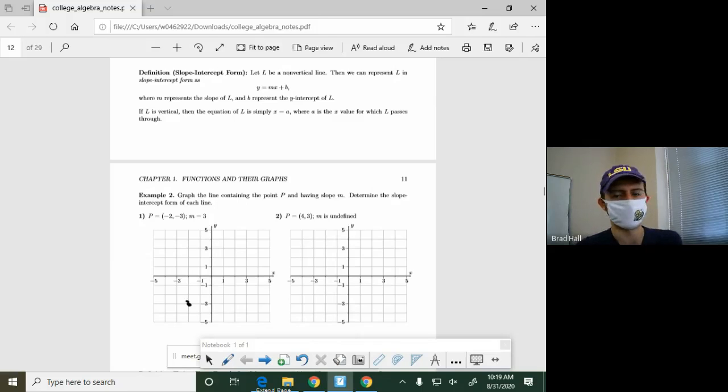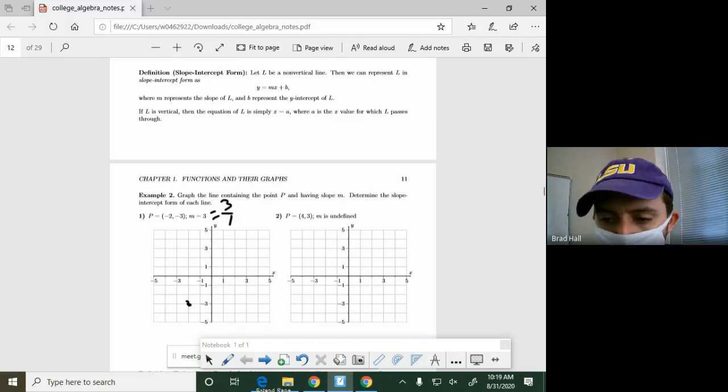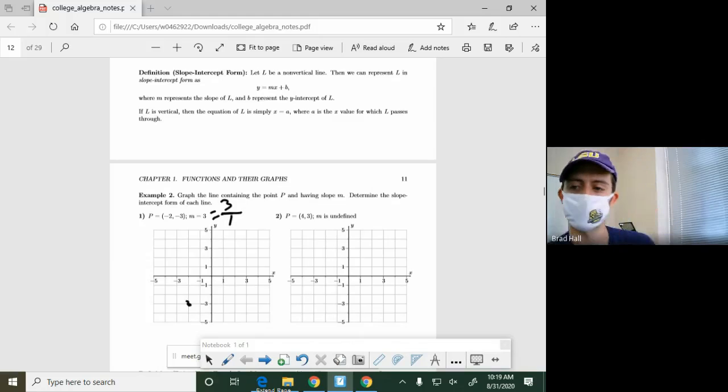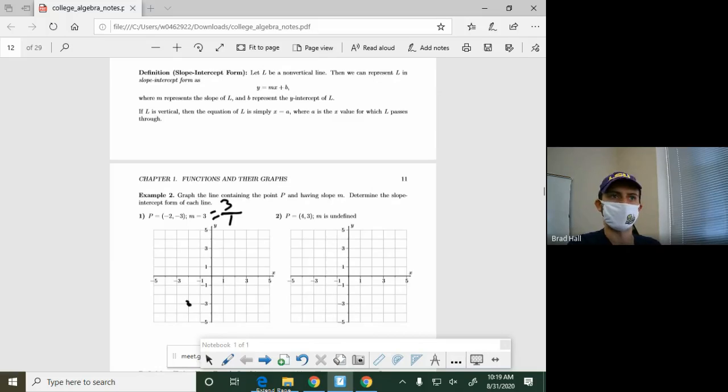Well, I want to emphasize that 3 is equal to, wait for it, 3 over 1. And you might think, okay, all right, we get it. You're good at math. You put it over 1. Why'd you do that? Who cares? The reason I forced it to be a fraction is because now we can equate it to rise over run.